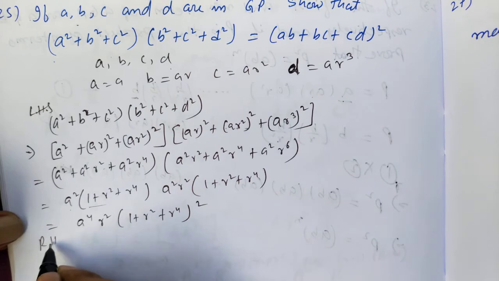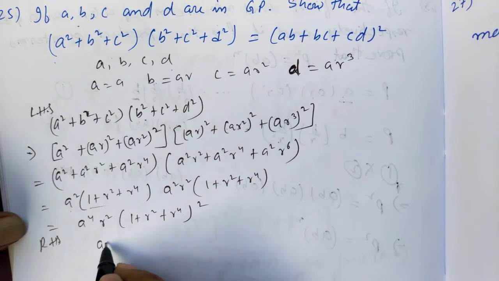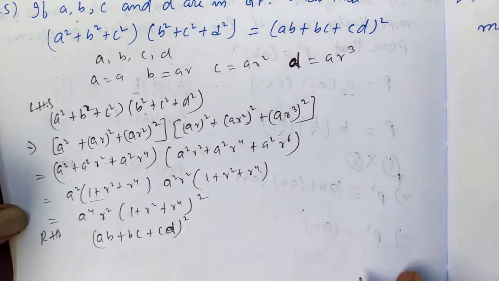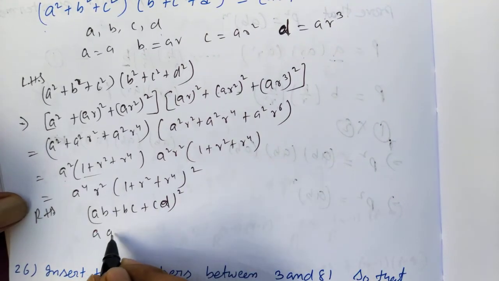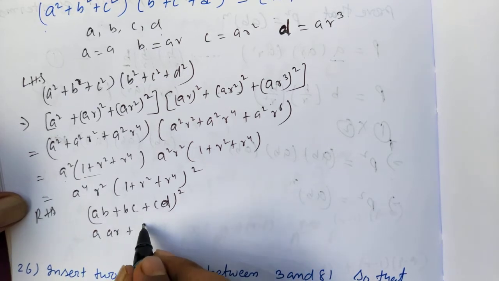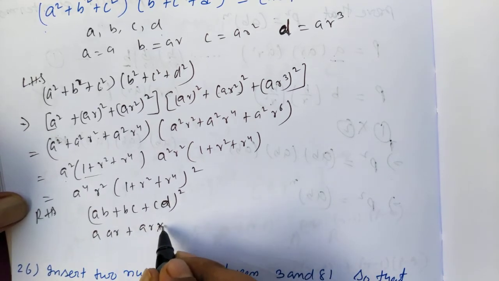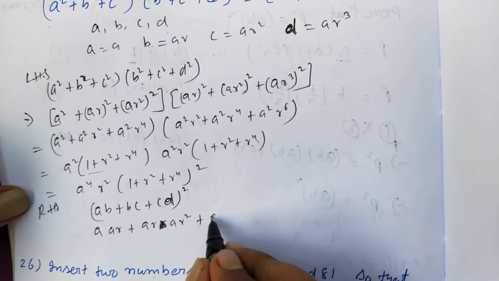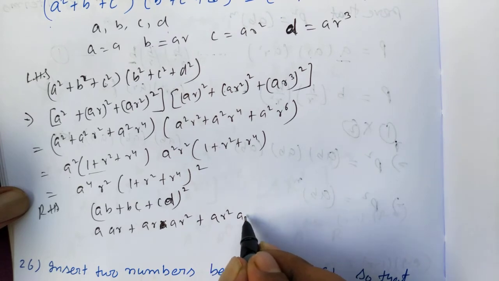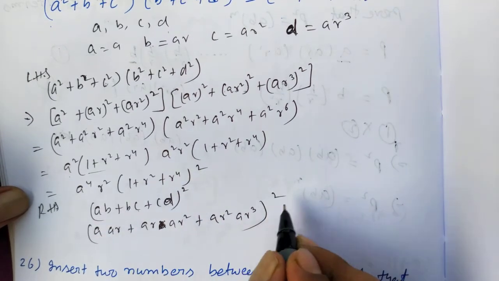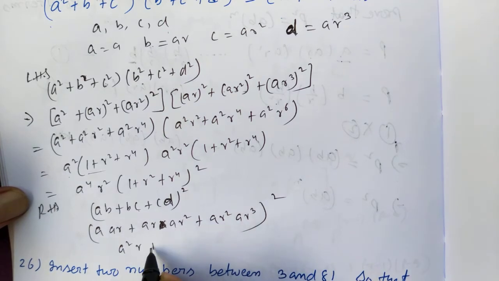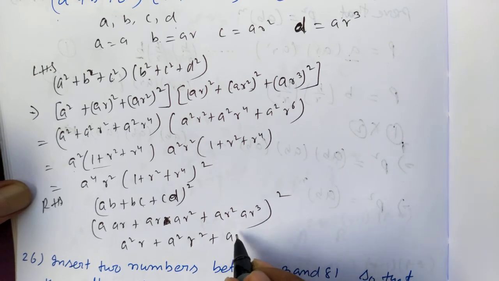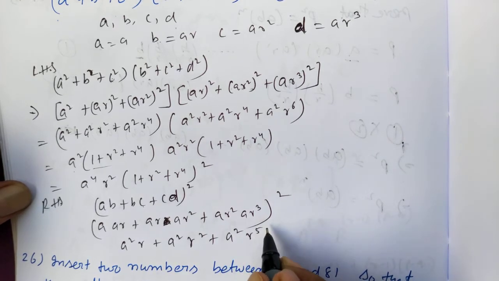Take RHS, AB plus BC plus CD whole square. Put the value, A is A, B is AR, B is AR plus C is AR square, C is AR square and D is AR cube, under square. This is A square R plus A square R square plus A square R5.